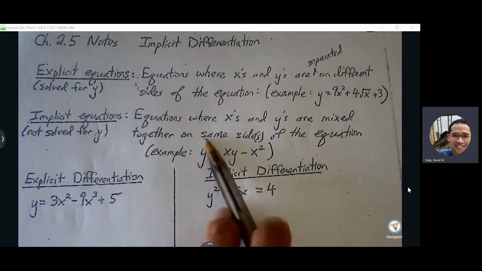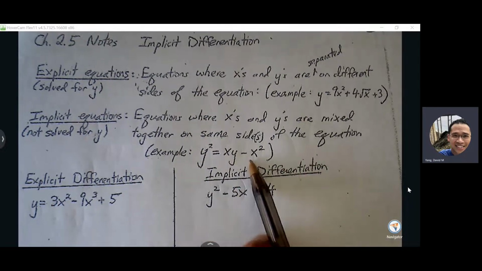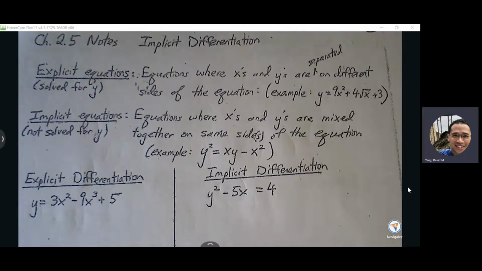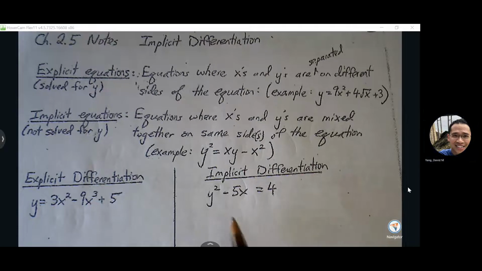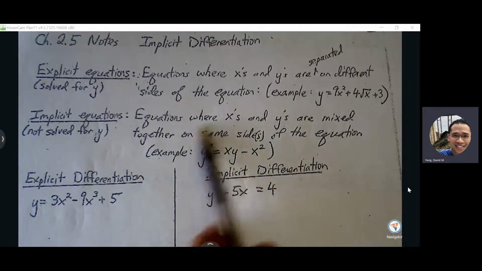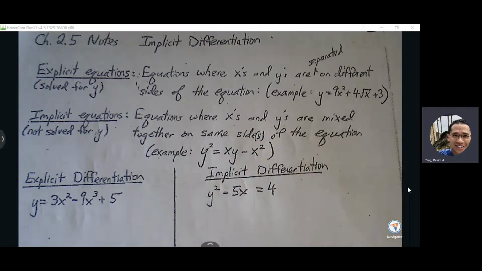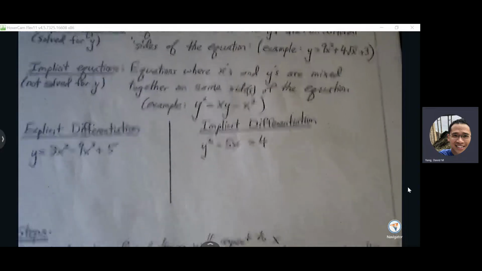Anytime we see something strange done to the y variable, that's an indication that we have to go through an additional step if we want to find the derivative, a slope formula. But we can still find a slope formula for equations that are not necessarily functions. It's just that we have to do a few more steps to get there.